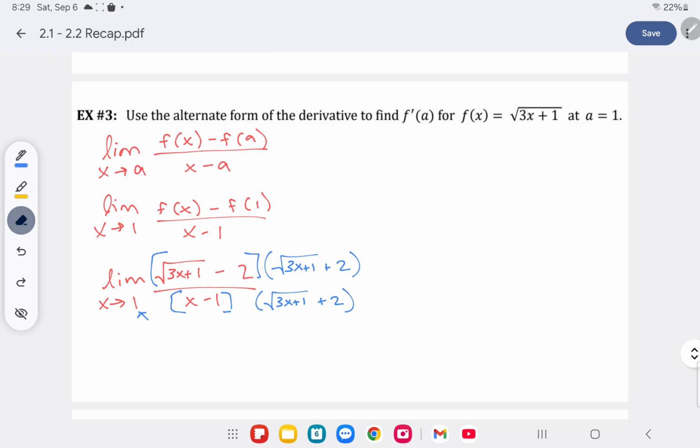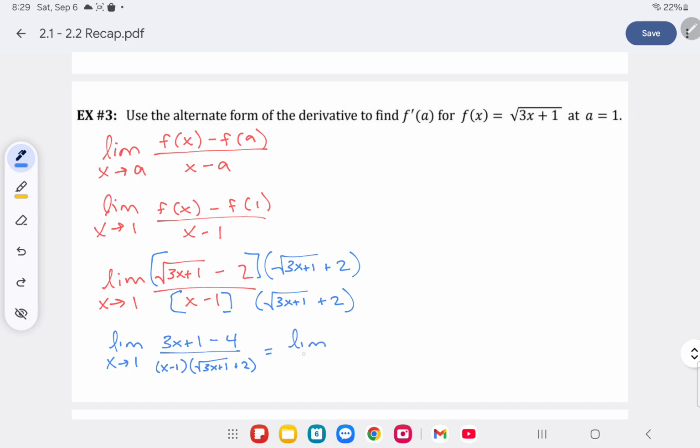So I'm going to do this part pretty fast. My numerator is going to become 3x plus 1 minus 4. And my denominator, I'm going to have that x minus 1 there. I'm not going to multiply out the denominator. Remember, our goal is for something to cancel out.